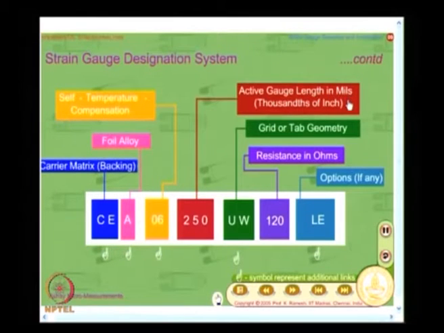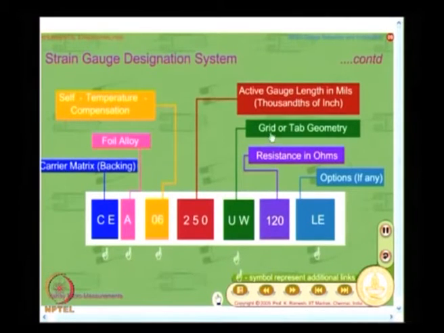See, though you have SI units, this is the kind of system that they use in the USA. So, a USA manufacturer gives you only in terms of mils, and then you have grid or tab geometry. This becomes important when you look at a particular installation.